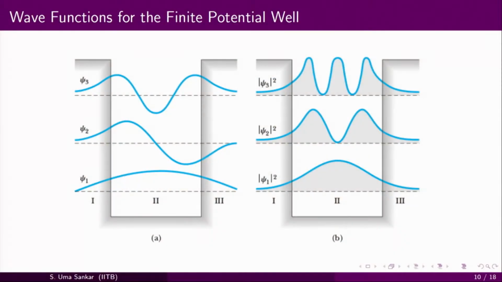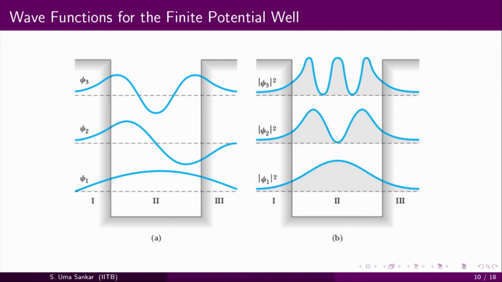But the wave functions themselves look like this. The first three wave functions are drawn on the left hand side and the corresponding probabilities on the right hand side. And you note that just as in the case of the infinite potential well, the lowest energy state has no node and is symmetric about x equal to L by 2.